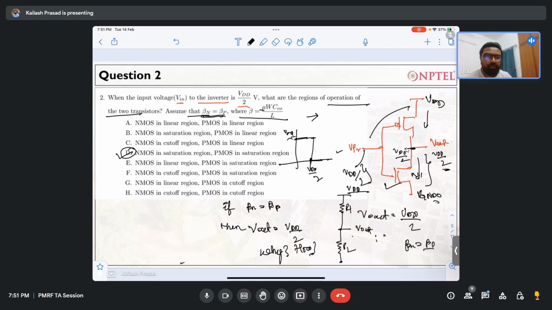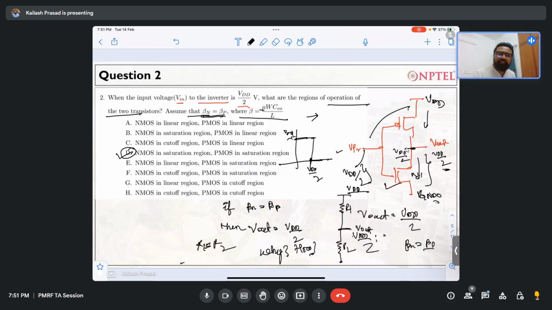Because the current driving capability of both the transistors is the same, beta p and beta n are the same, R1 is equal to R2. If both the resistances are the same, what will it be? It will behave like a resistance divider, and the output will be, if R1 is equal to R2, VDD by 2. See, that's the reason.